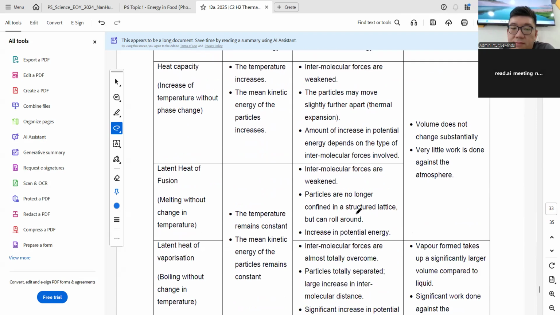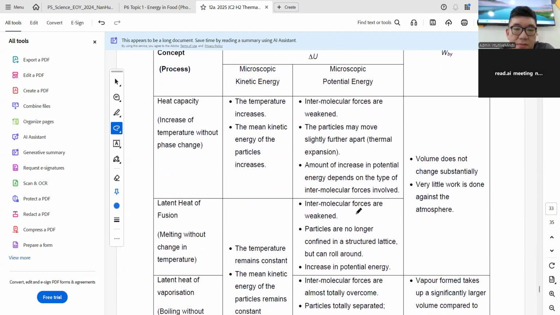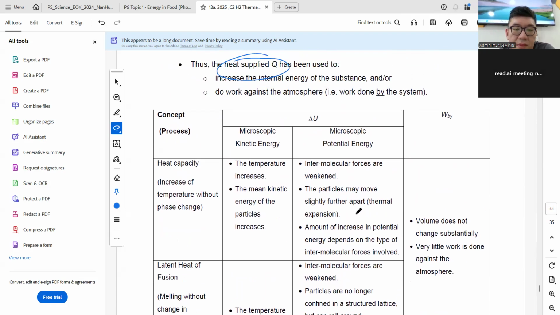So when you have heat capacity, when you increase the temperature without state change, you will also increase the delta U, because the kinetic energy will increase.